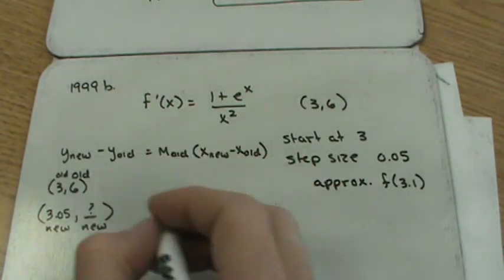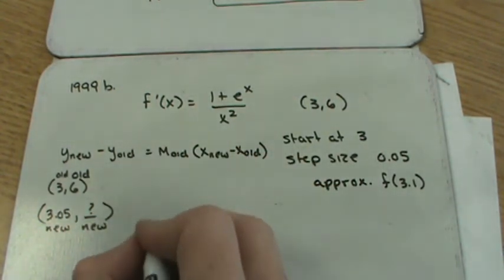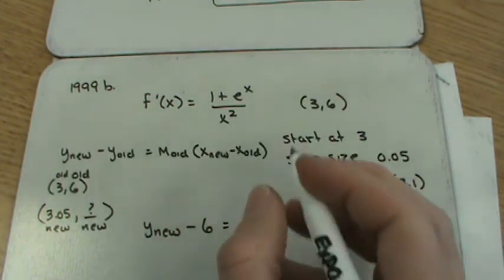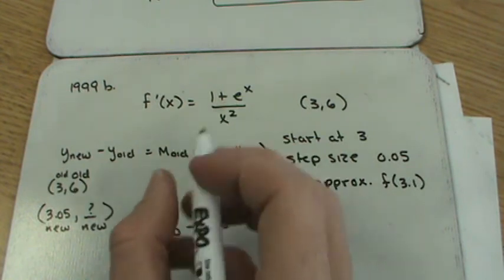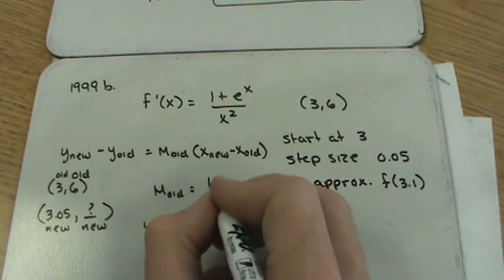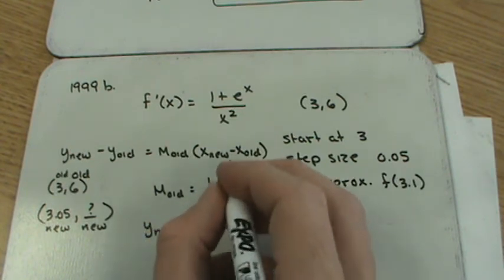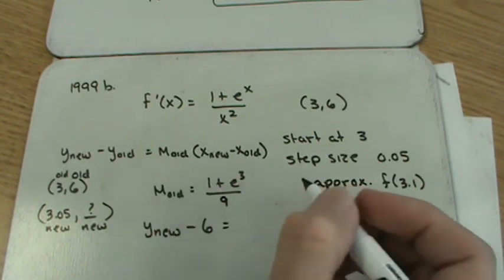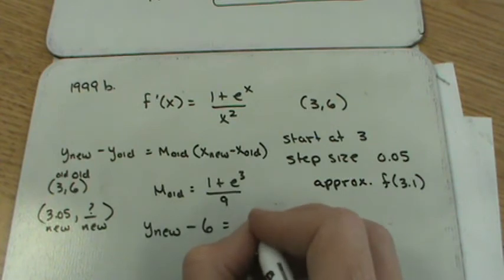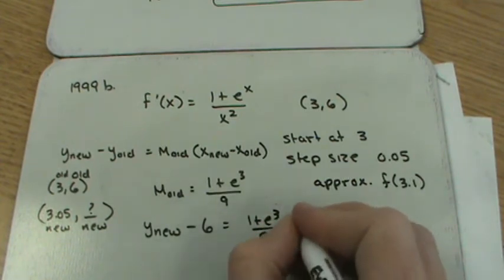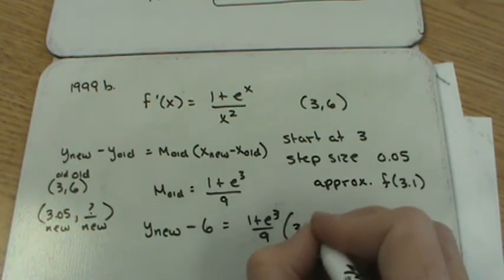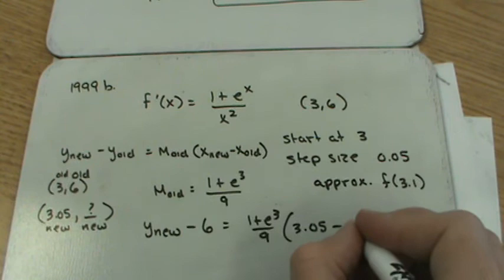All right, so let's plug that in. y new, that's what we're looking for, minus y old, which is 6, equals m old. Well, we need the m old. So our m old, 1 plus e cubed over 3 squared, which is 9. Okay, so we're going to put that in there, 1 plus e cubed over 9. And we have our x new, 3.05, minus our x old, 3.